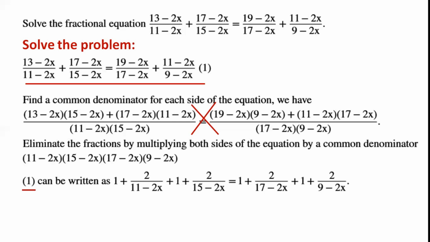Equation 1 can be written as 1 + 2 over (11 - 2x) plus 1 + 2 over (15 - 2x) equals 1 + 2 over (17 - 2x) plus 1 + 2 over (9 - 2x).